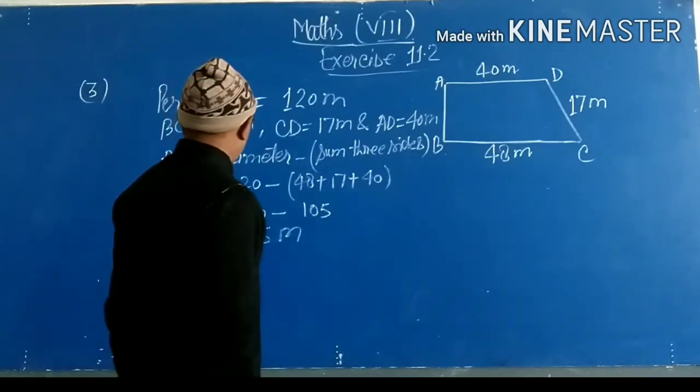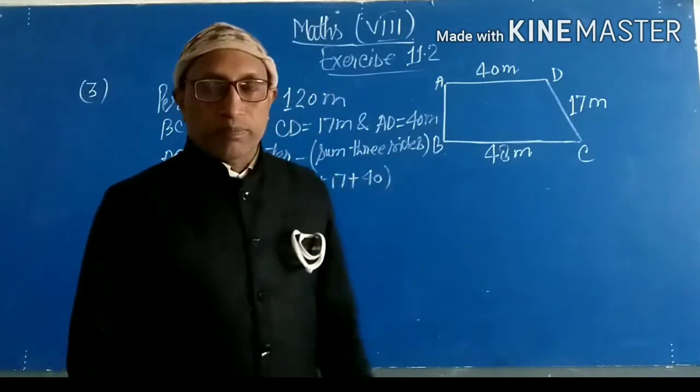This is the length of AB, which is equal to 15 meter.